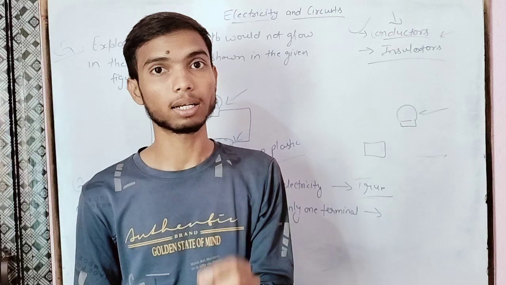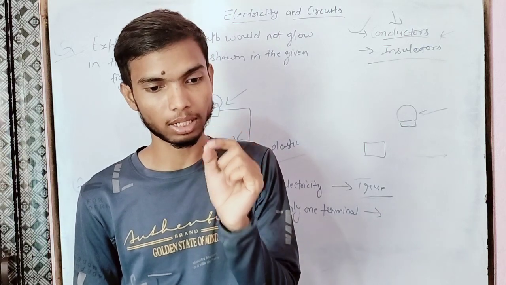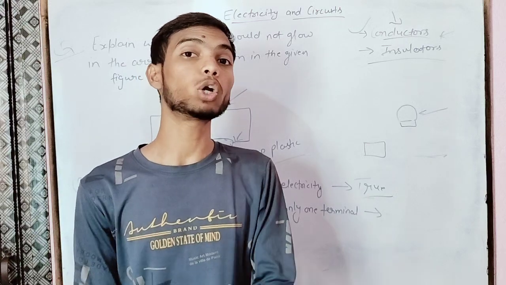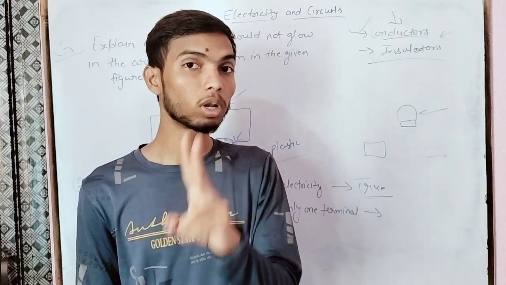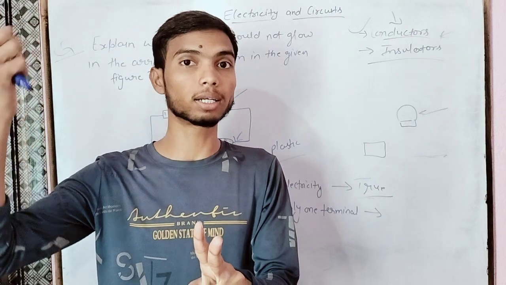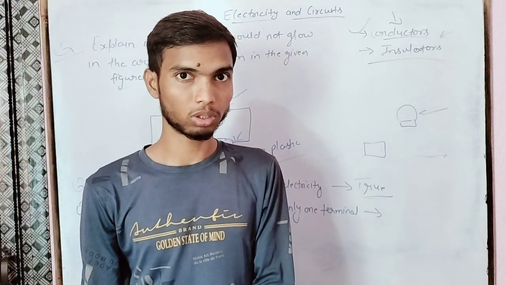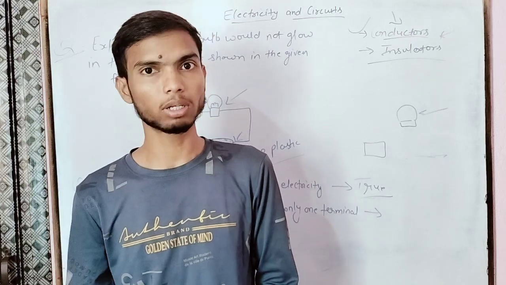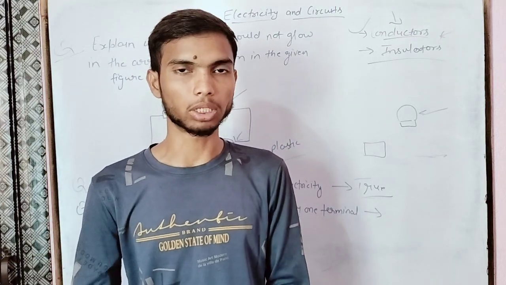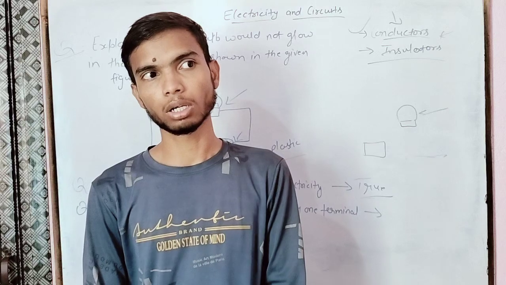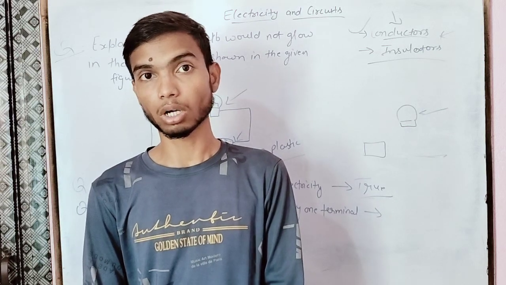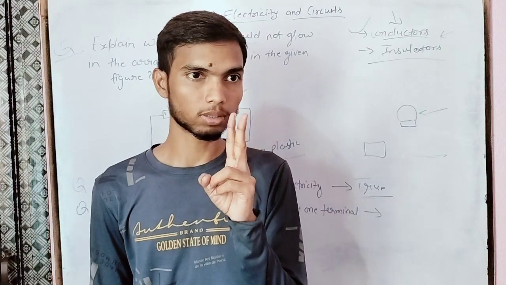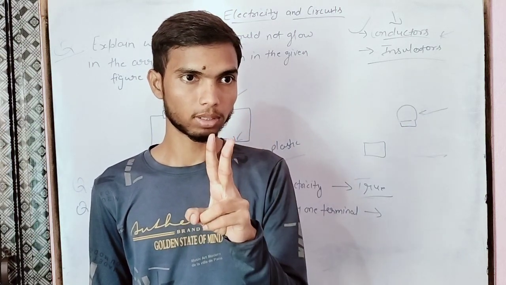An electric cell, electric battery, electric component will have only two terminals, not greater than two, not less than two. And the names of those terminals are positive terminal and negative terminal. As we saw in the discussion of the electric cell, there are two terminals.